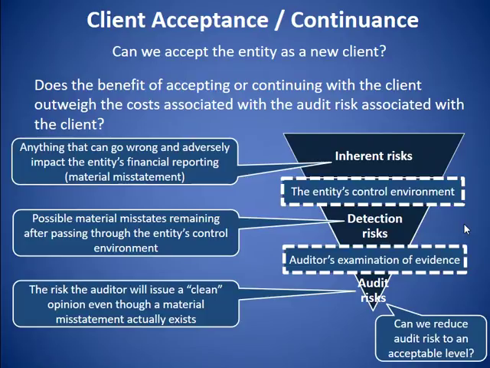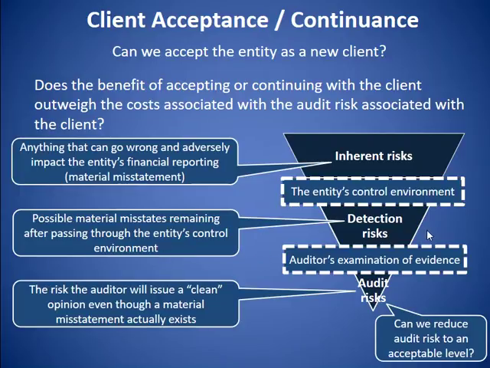So what happens is that some of those risks that existed before they hit the company's control environment exist after they get through the company's control environment. And these are what we call detection risk. These are possible material misstatements remaining after passing through the company's internal control environments.